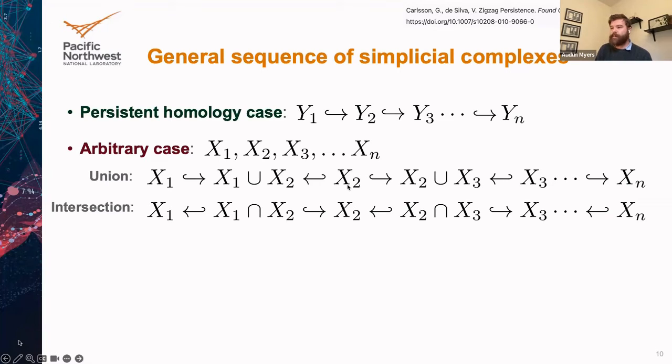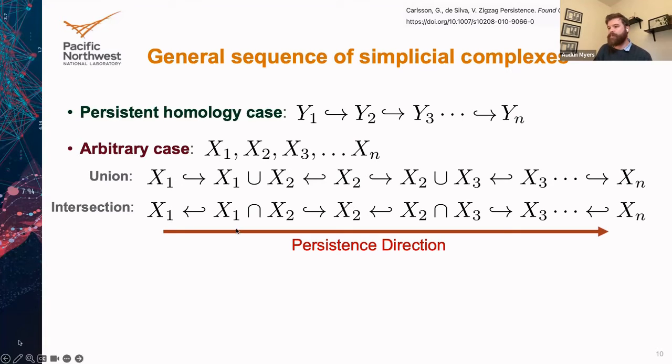And so I have this back and forth subset directionality, where my persistence direction is forward in the sequence though. So the same approach that allows you to do persistent homology allows us to do this zigzagging of the persistence.